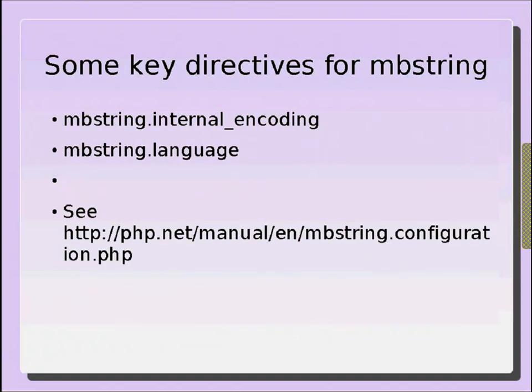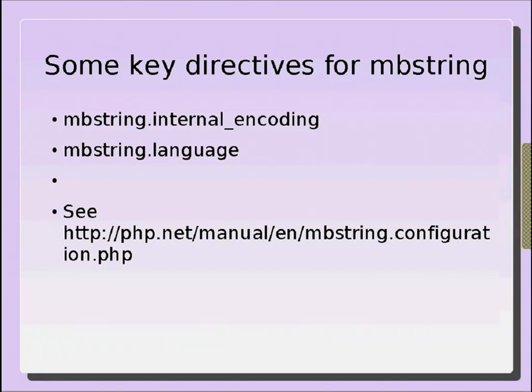Okay, so hopefully now you've got the extension in your PHP server and it's switched on. Like any other extension, it has some directives, some of which are more useful or more important than others. The two key ones I find are these ones here: mbstring.internal_encoding, which does what it says it does.